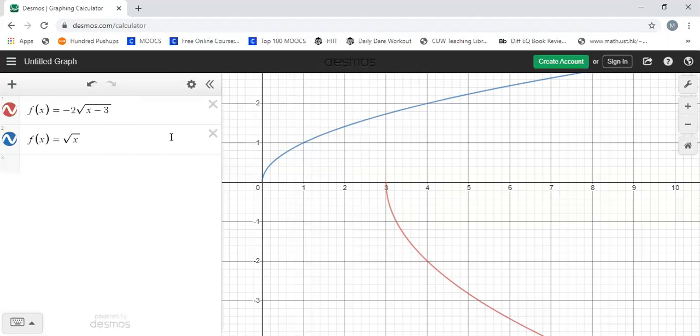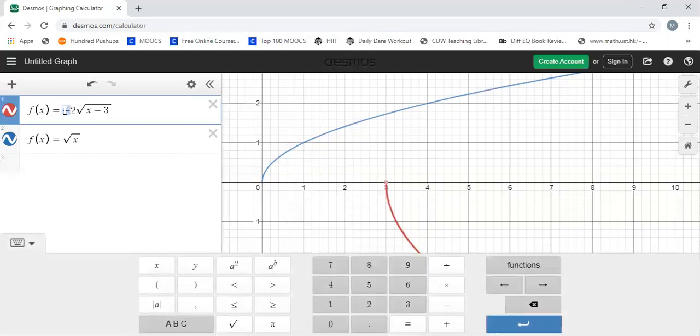So one of the things is that this equation is flipped. Well, what flipped it? What made it go from this positive function to this negative function on the other side of the x-axis? And hopefully you recognized that it's this negative that flipped it.